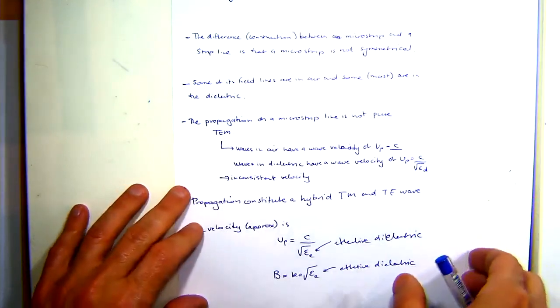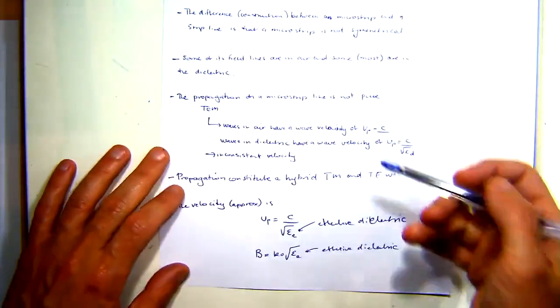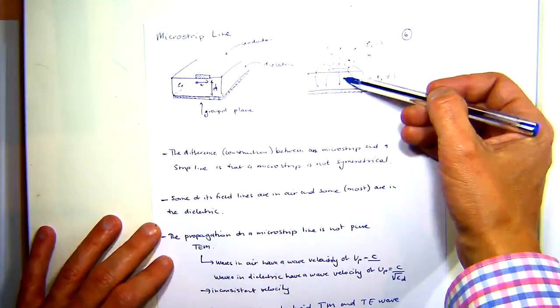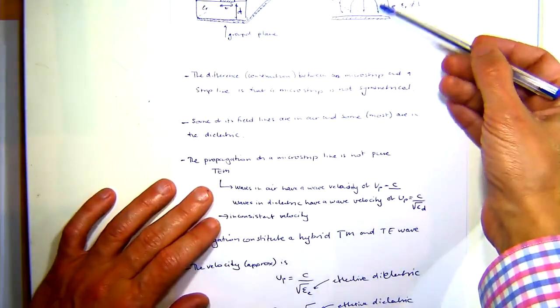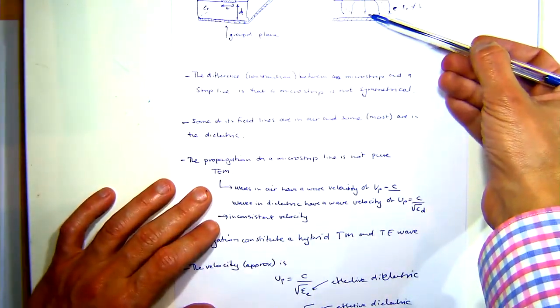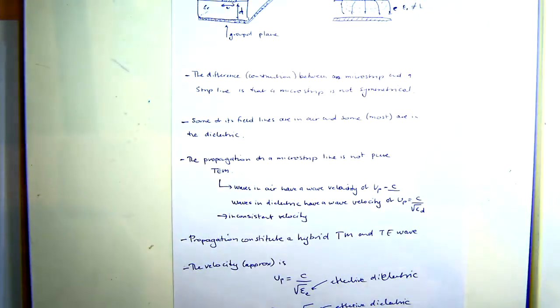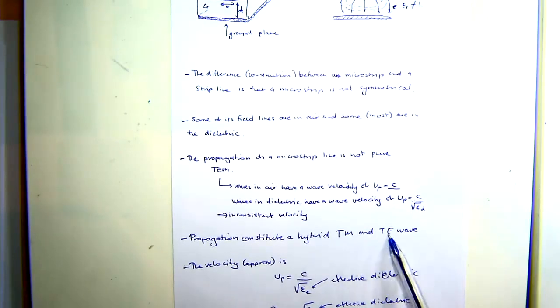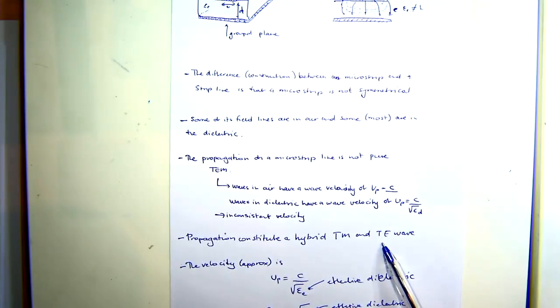Now, as you can imagine, because it's not symmetrical, it's not pure TEM propagation in this microstrip line. Usually you've got either TM or TE, transverse magnetic or transverse electric field waves propagating in this.